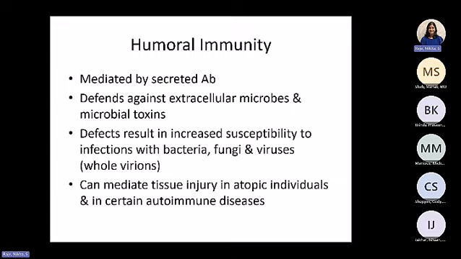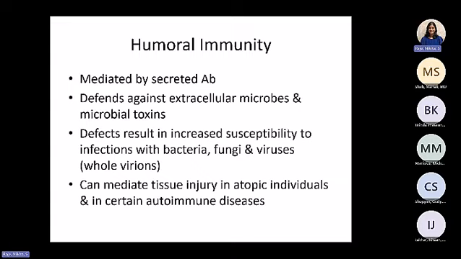We know that humoral immunity is mediated by these secreted antibodies. Antibodies are our defense against extracellular microbes and microbial toxins. That word extracellular is very important, because antibodies cannot take care of a microbe in its intracellular phase.